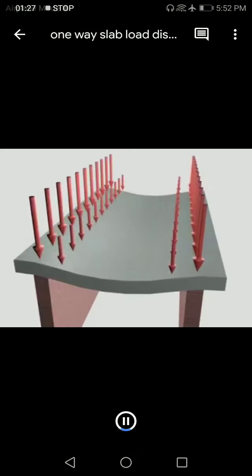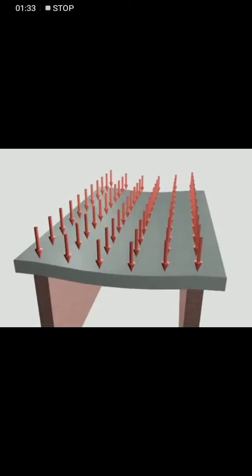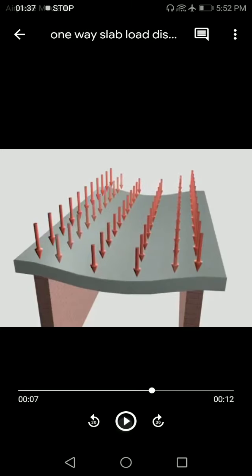So this is the load distribution of one-way slab. When a one-way slab is subjected to a uniformly distributed load, it will bend like this.